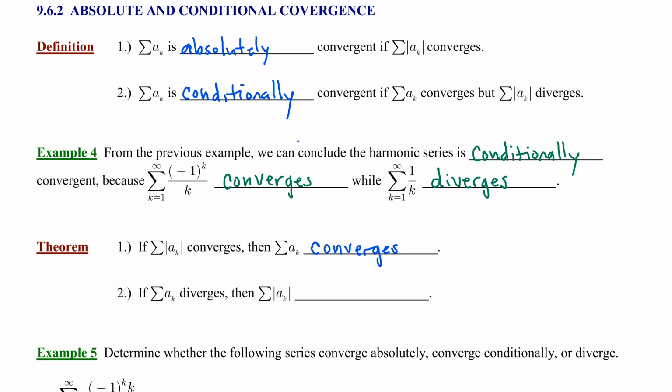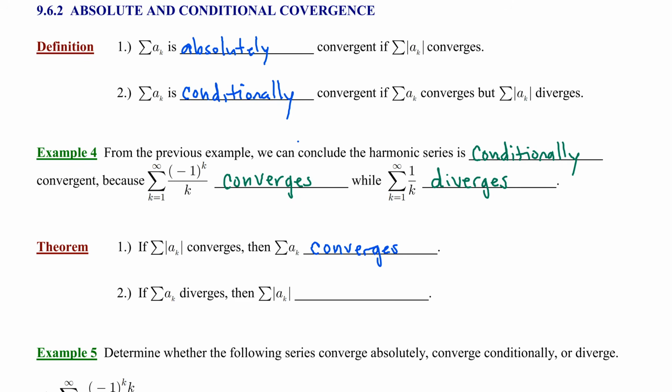Once again, the idea is simply that this sum is going to be bigger because it is composed of positive add-ins, bigger than this sum because it is composed of both positive and negative add-ins. So there's a little bit of cancellation that occurs as we sum this alternating series. So if the bigger sum converges, then naturally this one will converge as well.